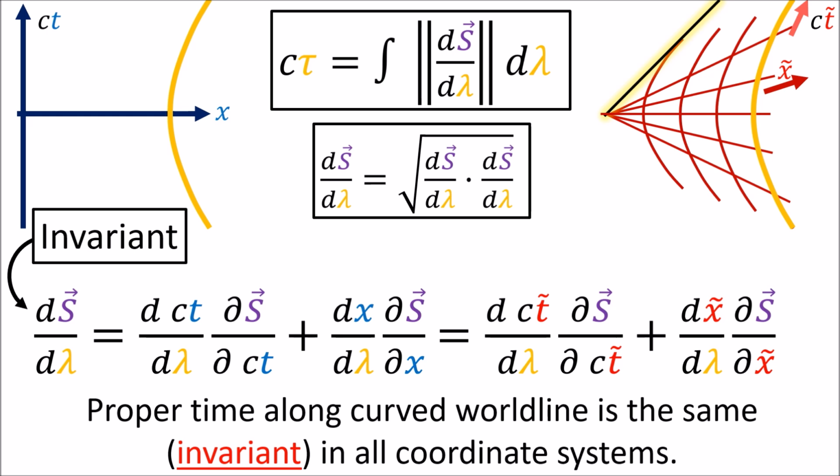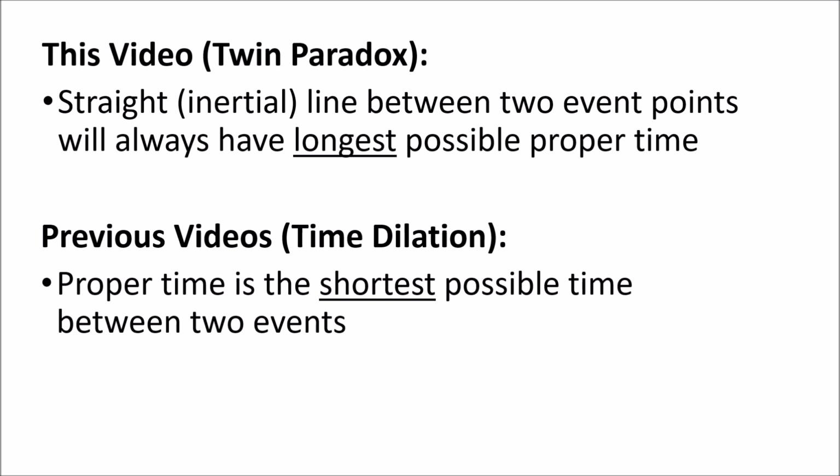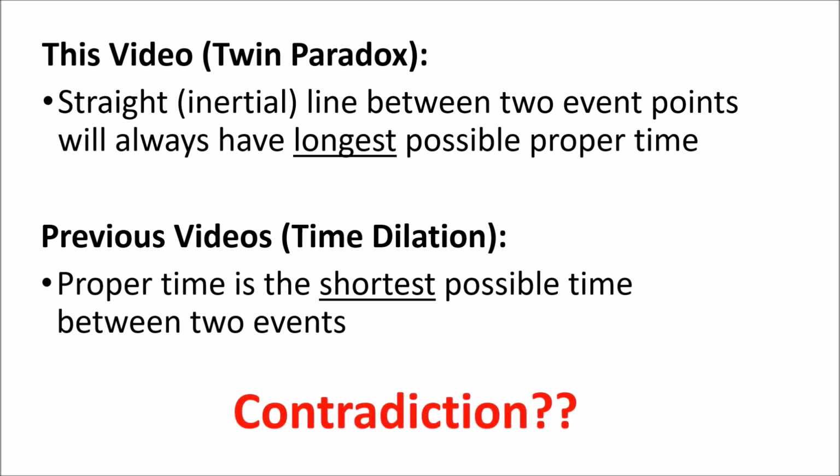I also want to clear up a possible point of confusion before this video ends. In this video, I said that a straight inertial line between two event points will always have the longest possible proper time. But in previous videos, I said that the proper time is the shortest possible time between two events. Some people might be confused how these are both true at the same time.